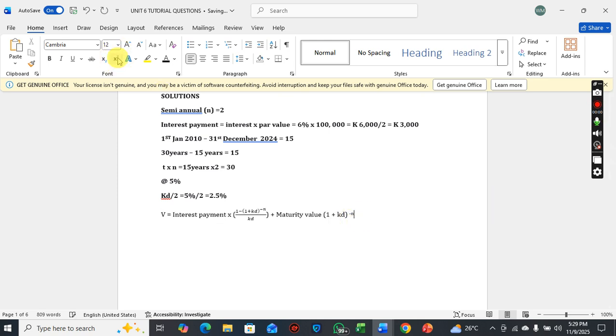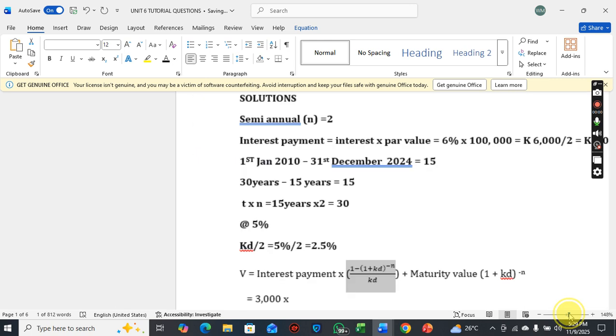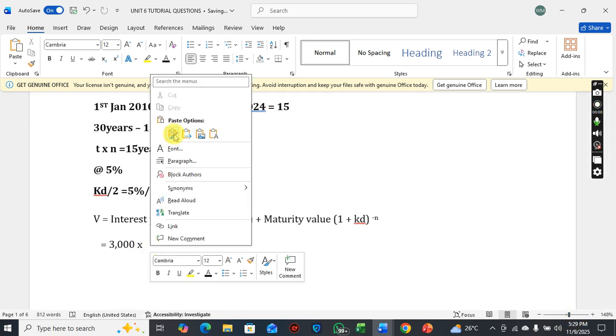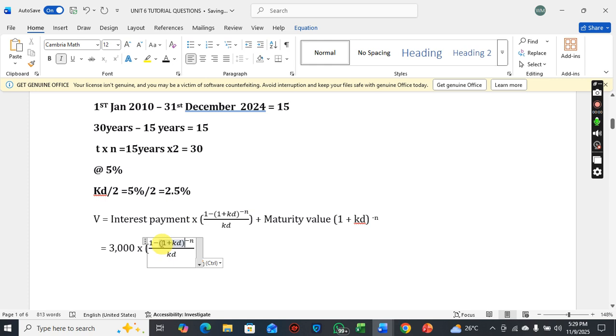You say interest payment 3,000 multiplied by one minus open brackets 1 plus the cost of debt 2.5%, which is 0.025, to the power negative 30, close brackets, plus maturity value 100,000 multiplied by 1 plus 0.025 to the power negative 30.